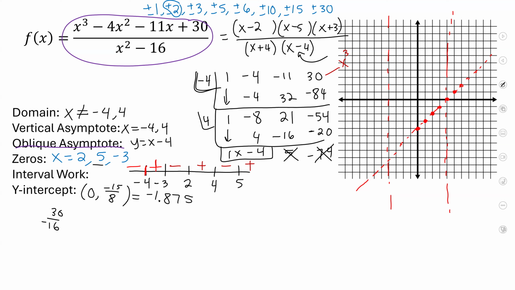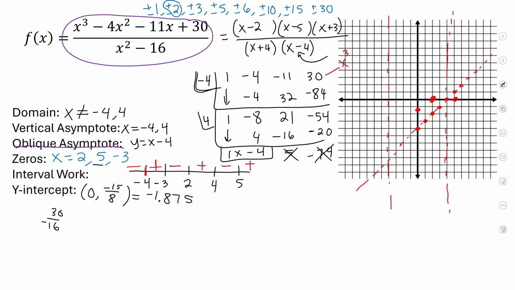And I have a 0 at 2, 5, and -3. My y-intercept is at -1.875.